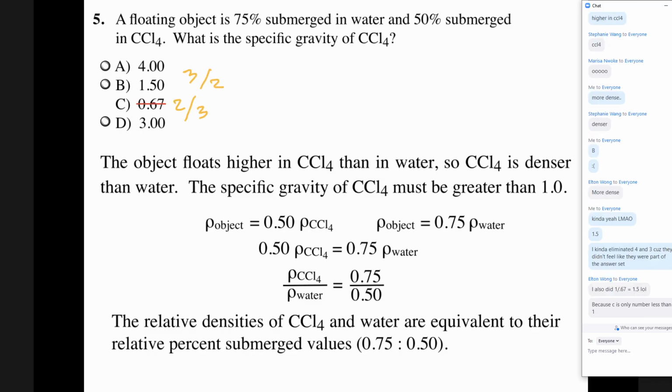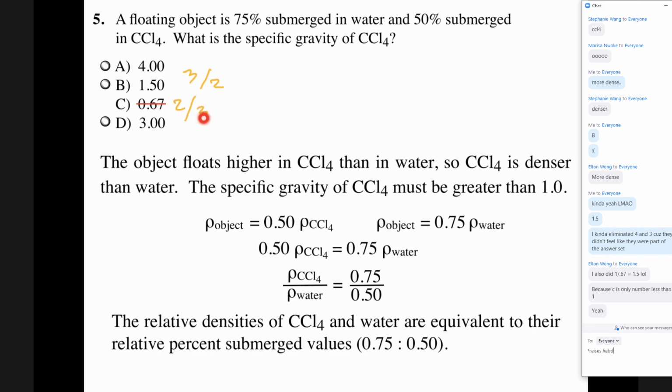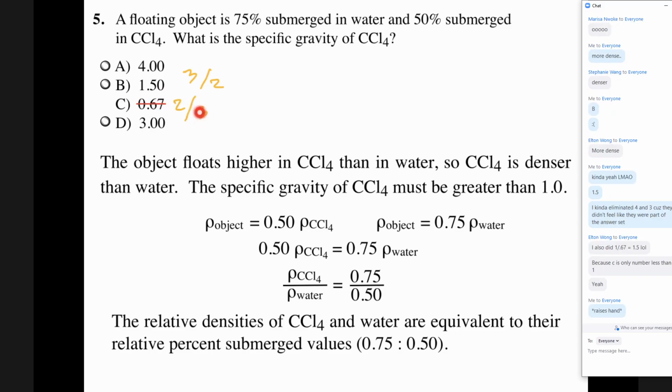C is one number less than 1. Exactly. So are you thinking, your logic, that it's a number less than 1, it's an error, but it's an error somebody might make computationally, and the test writer probably knew that somebody would make a computational error? So if it's 2 over 3 is an error, then 3 over 2 is probably the valid one.